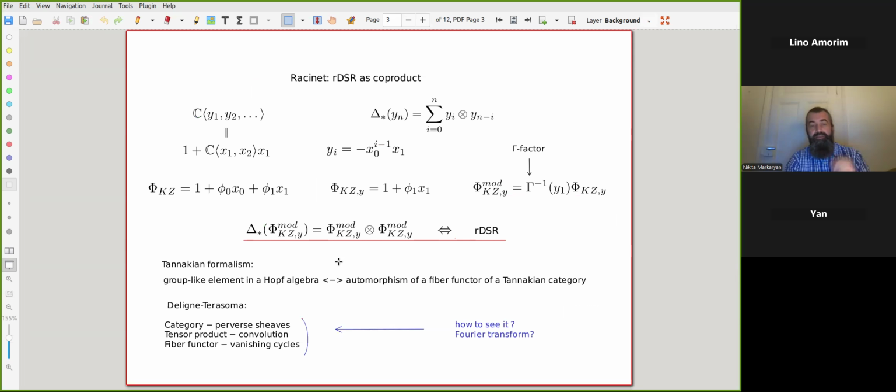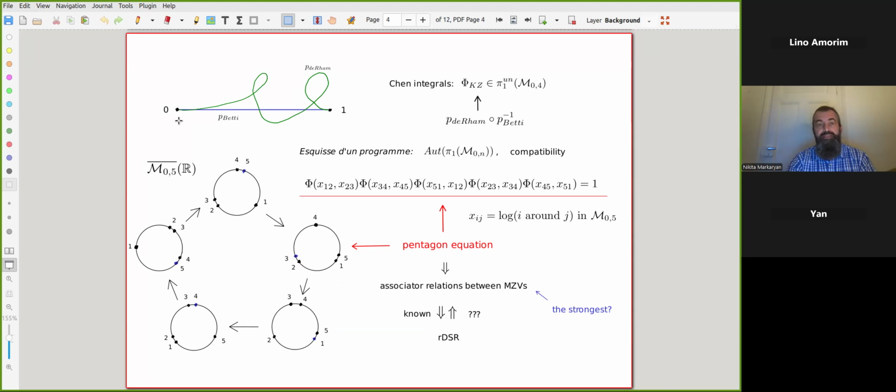Okay, so another thing was the motivation of Deligne and Terasoma. As far as I understand, it was to prove that double shuffle relations are implied by associator relations, and that's what I'm going to explain. So what are the associator relations? In fact, this associator must be thought of not as an element of the pro-unipotent fundamental group of the affine line without 3 points, but as a path from 0 to 1.